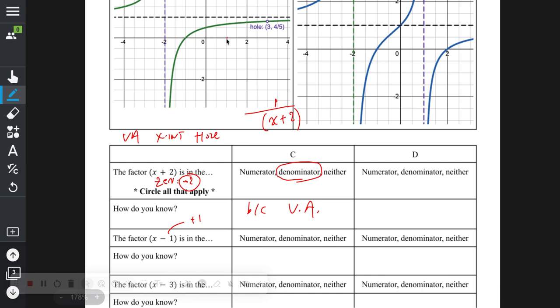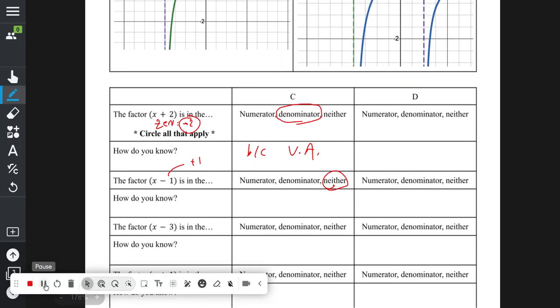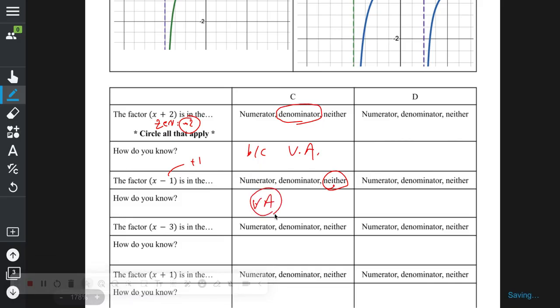For positive 1, which would be right here, there's no x-intercept. I don't see a hole there. Nope. Nor do I see a VA. So it's neither. That's not going to be anywhere in the function. So I can say not VA, not x-intercept, not a hole.